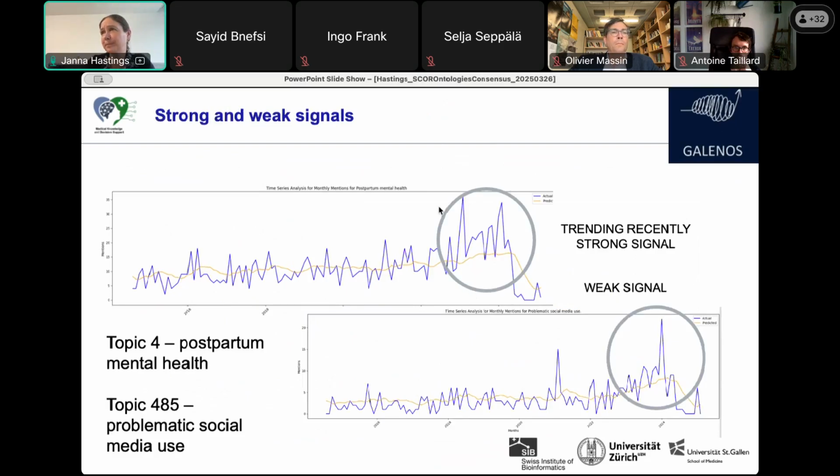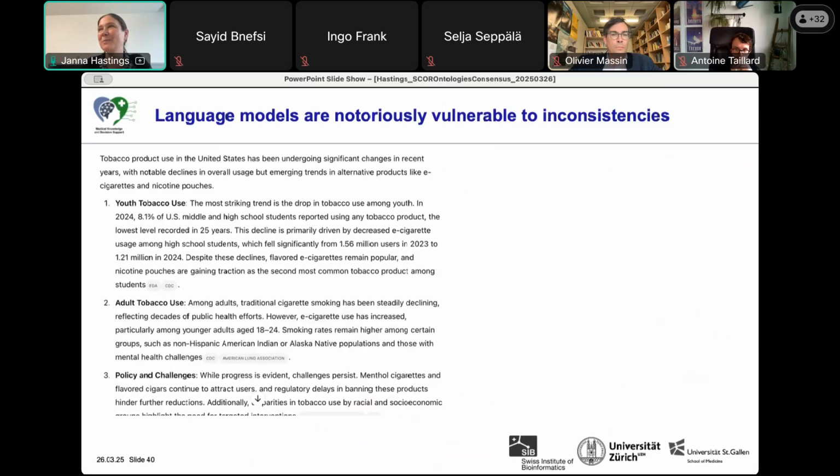And you see here an example where you have a strong signal, and this was for postpartum mental health, and a weak signal, and it's weaker because there are fewer months that are over the prediction, only a few in that period. And this weaker one, problematic social media use, might be coming even more strongly now.